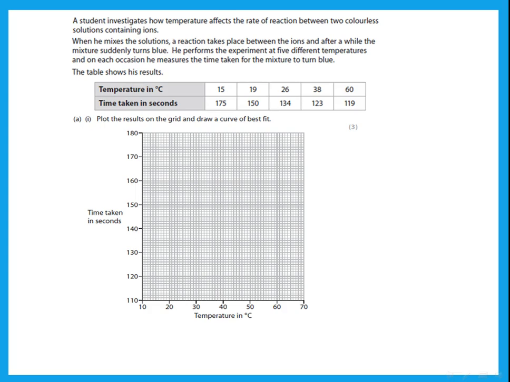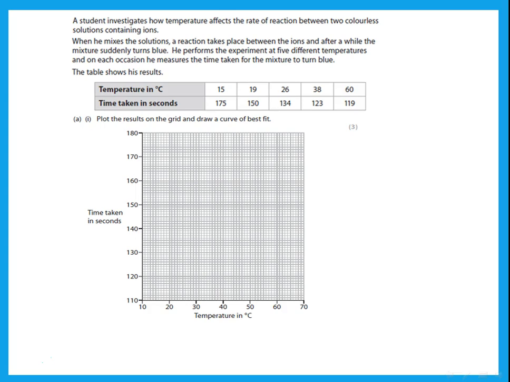So, first of all, he says plot the results, temperature versus time. Remember that for any graph, if he has the table like this, whatever is on top goes along the x-axis, and whatever is below in the table goes on the y-axis. If he did not label the axis for you, sometimes he will give you the graph without labeling the axis.